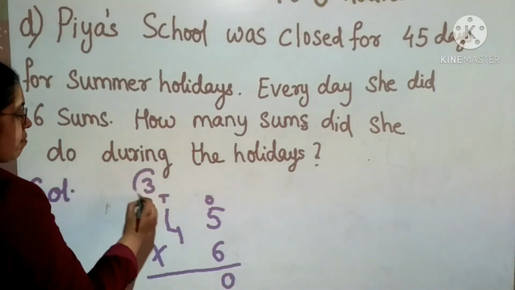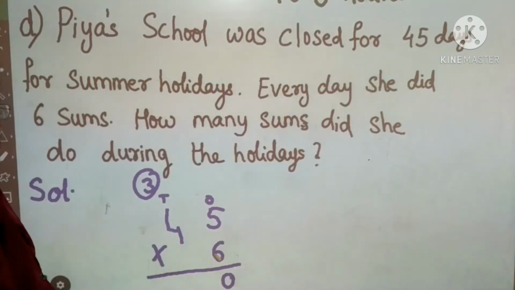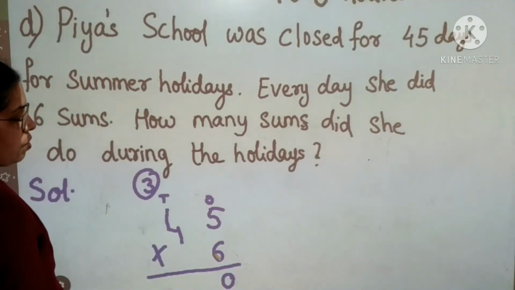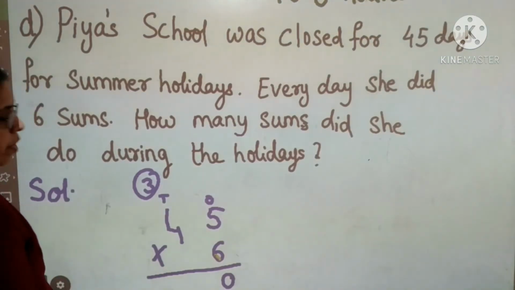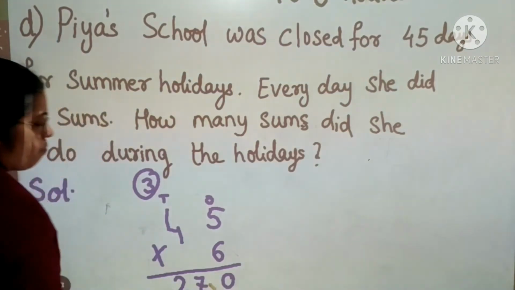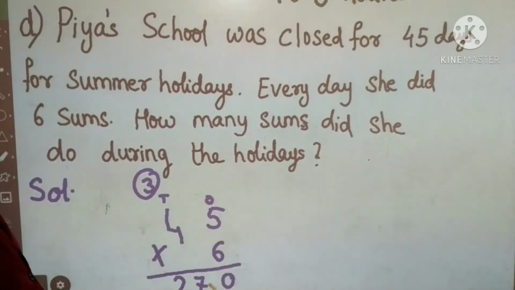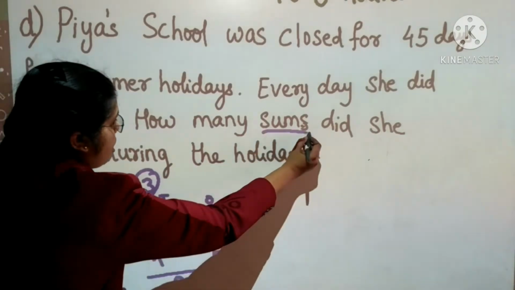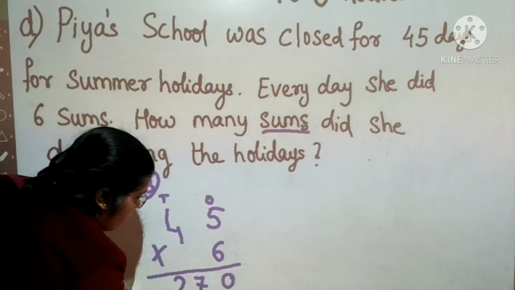Carry 3. 6 fours are 24. 24 plus 3, 27. 270 was the sums she has done. 270 sums.